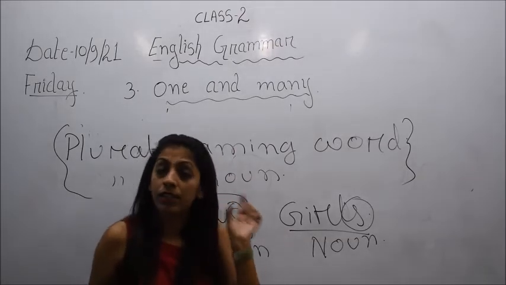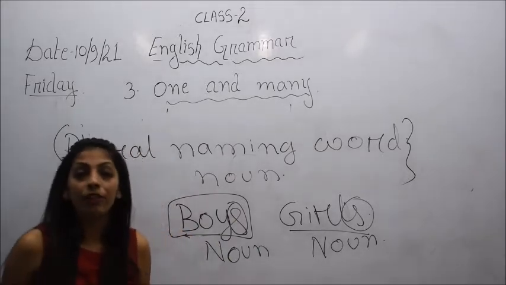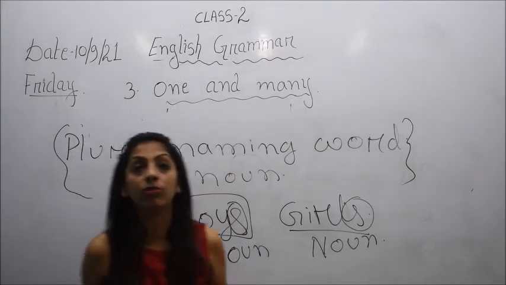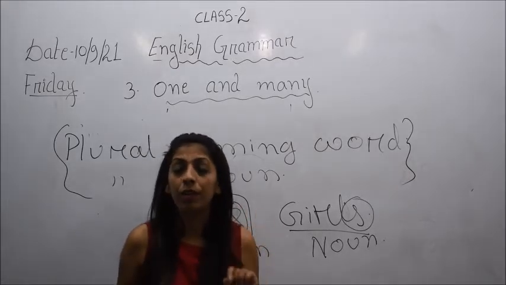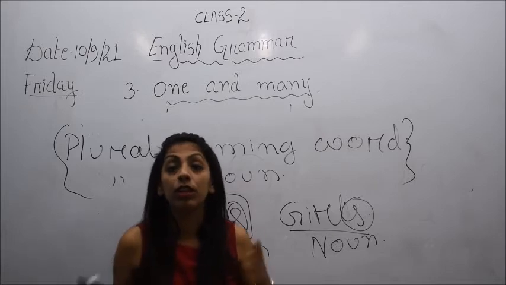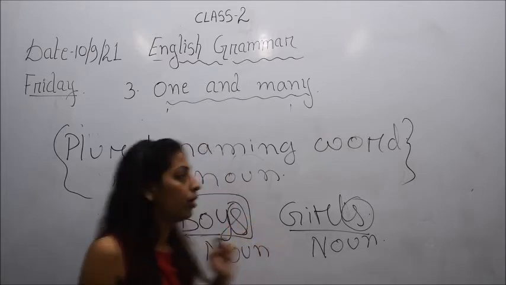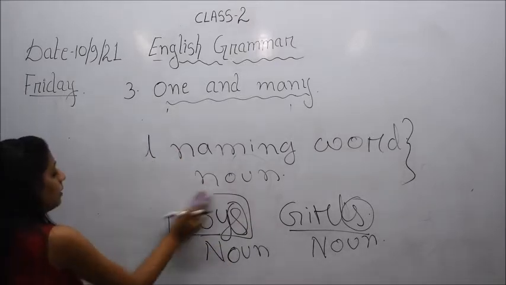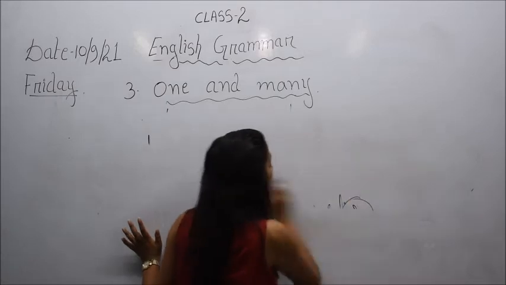Now we will see how we come to know whether something is only one in number or more than one in number. We will make it clear with the help of some examples.